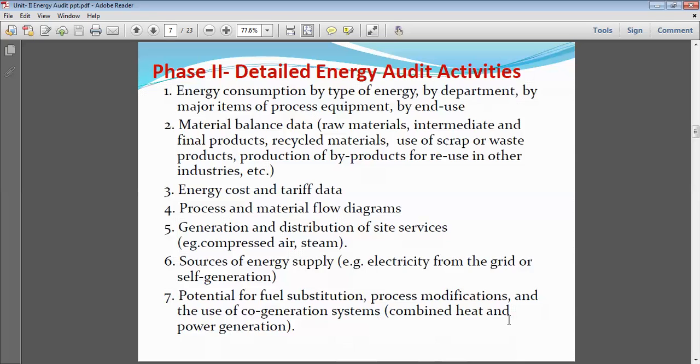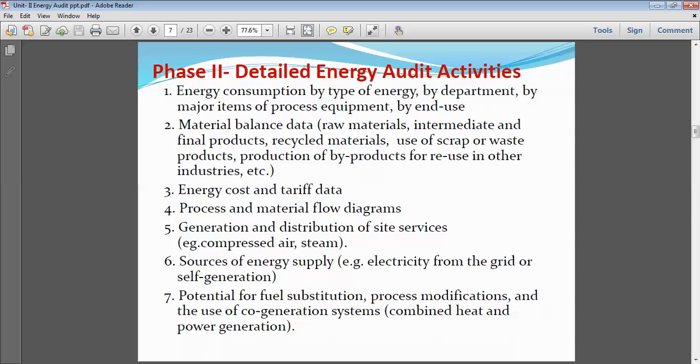It may be a combined heat and power generation. What is that? Say for example, you have a boiler producing steam at a higher temperature and higher pressure. But that higher temperature and pressure is not needed in the process. So what can we do? We can use this steam pressure for running a small turbine.